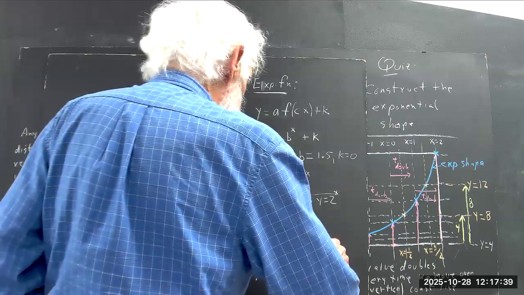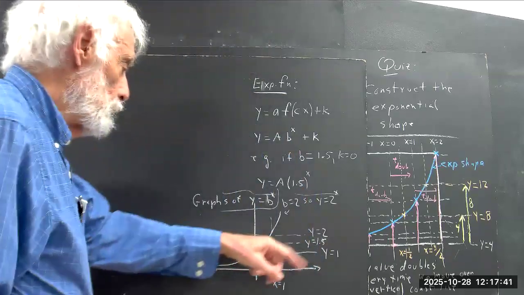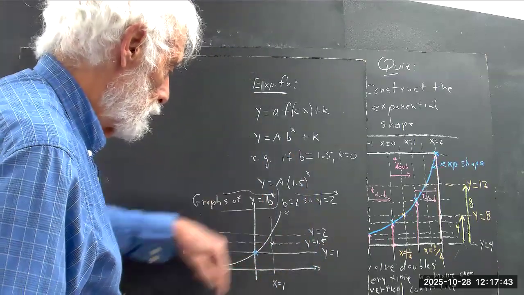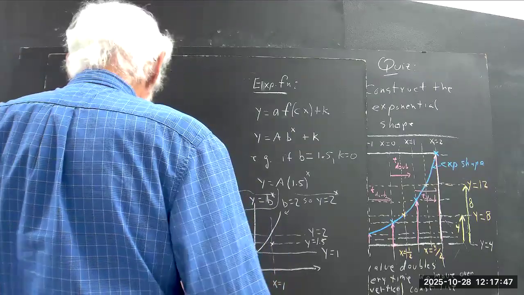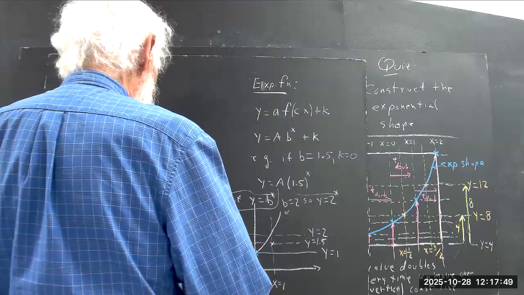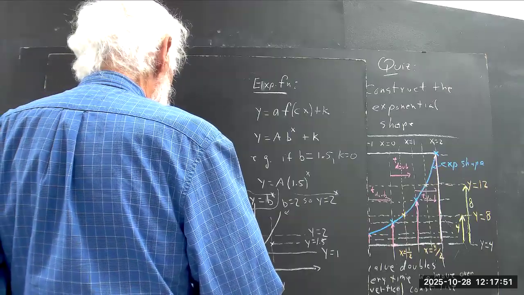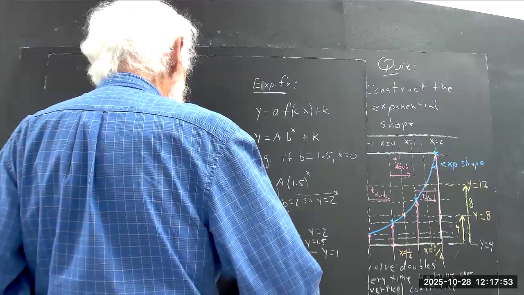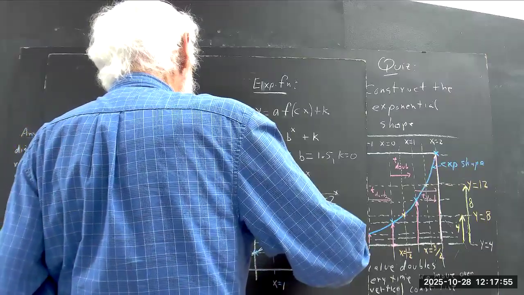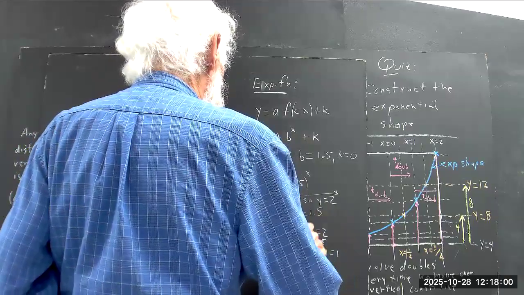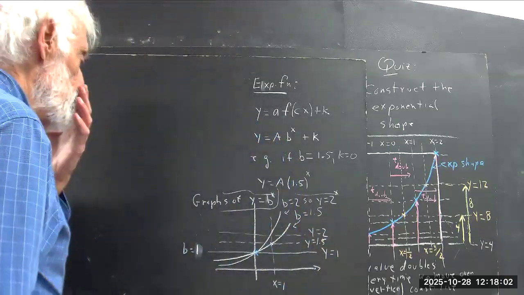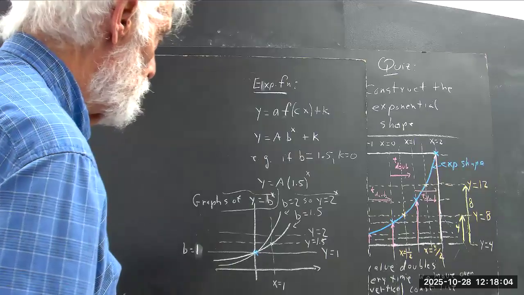Now, to get the graph of y equals 1.5 to the x, we have this point and this point. In order to draw a nice smooth curve, we have to start higher here and go up more gradually. So there's our b equals 1.5 graph.